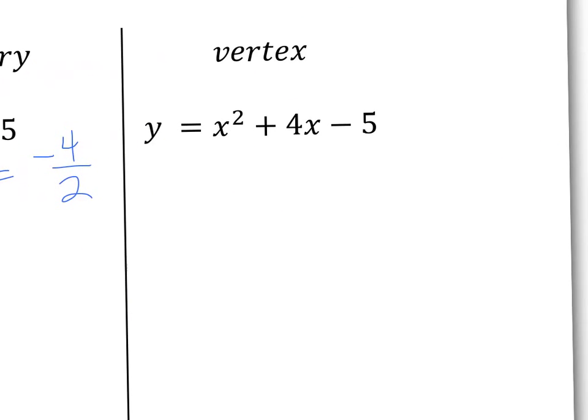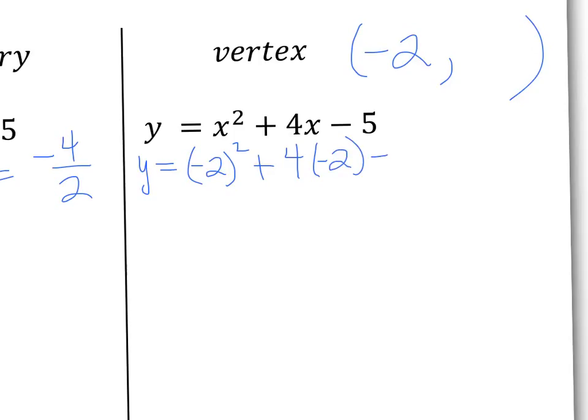All right, so now we're going to look at the vertex. So far, we already have the x value of the vertex is minus 2. We don't know the y value. So how can we figure that out? Well, if we know the x value, we can simply just plug in the x value into our x's here and simplify.